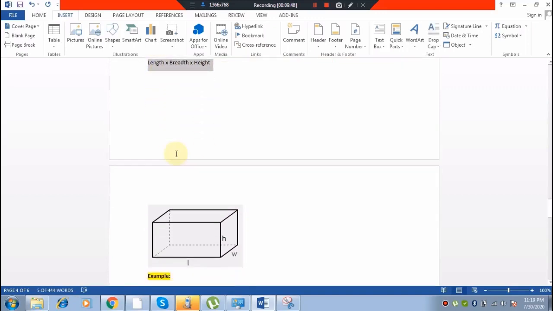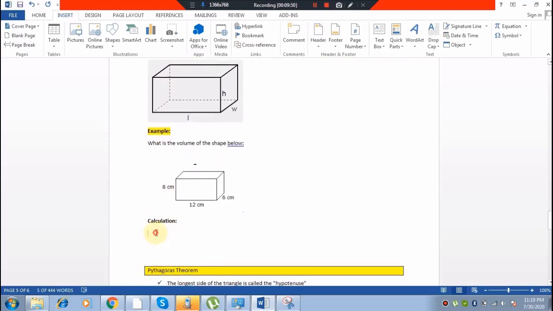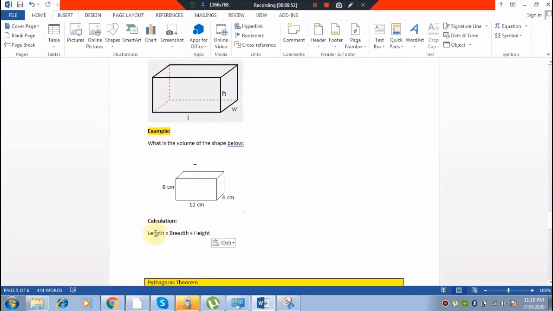Our formula there. Basically we're just saying 8 centimeters times 12 centimeters times 6 centimeters, right?